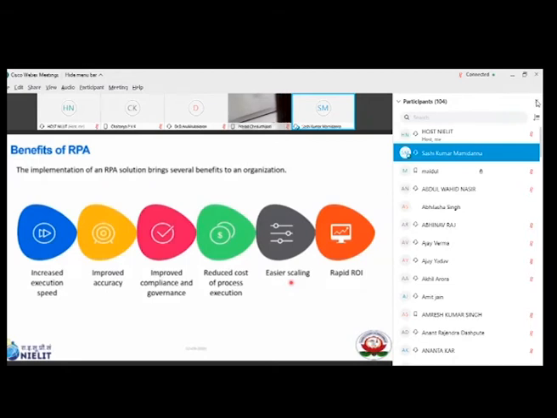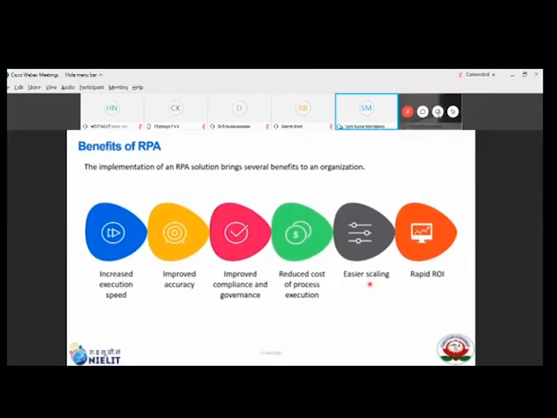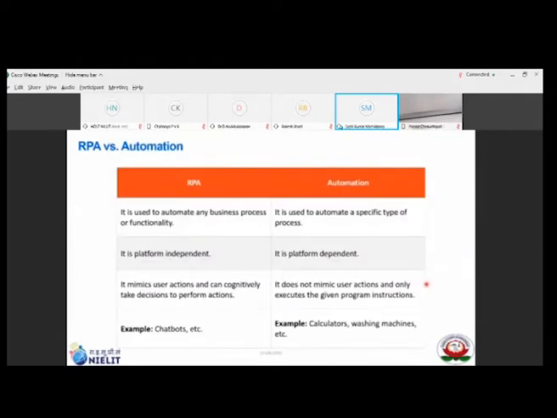So you have scaled your workflow. Obviously, because the work gets completed faster, you get the return on investment quicker too. So these are the benefits.